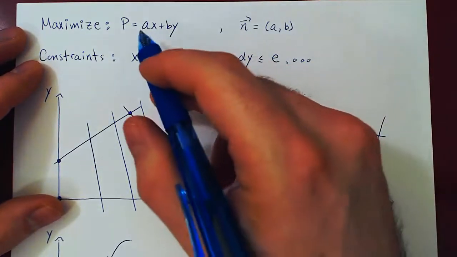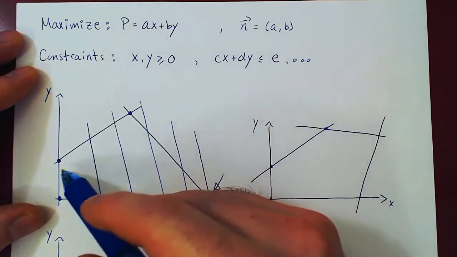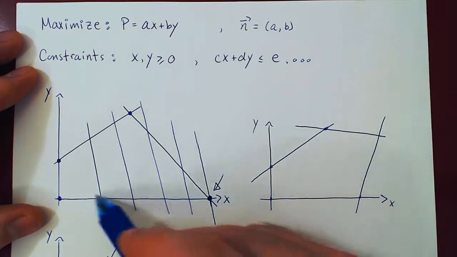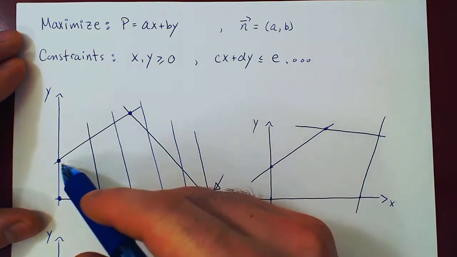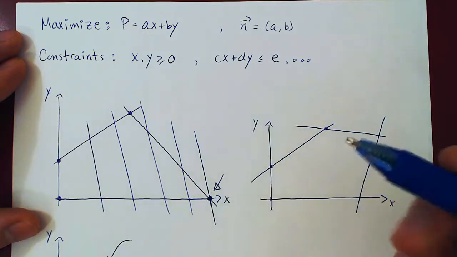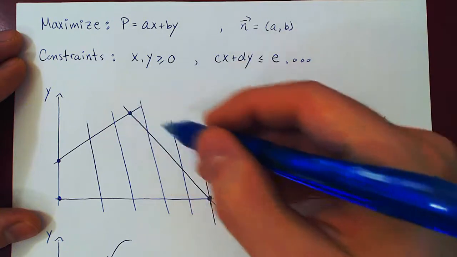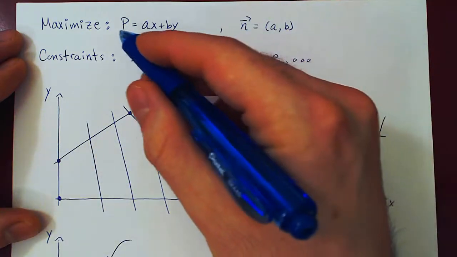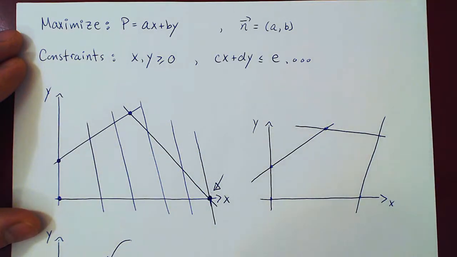So if we ever want to maximize such a function subject to these given constraints, we simply have to figure out what our region looks like in the xy plane, namely in the first quadrant, find all the points of intersection of our lines, so we have the vertices of our feasible region, and then since we know that the maximum value of P must occur at one of the vertices, we will simply have to evaluate the function at each vertex, and wherever we have the maximum value will give us our desired solution.